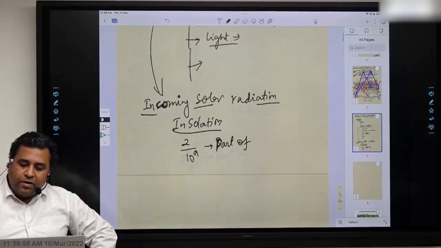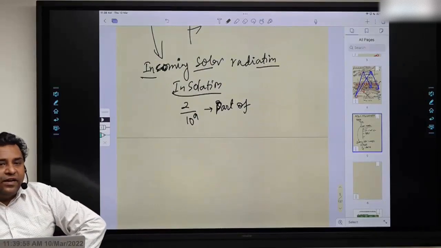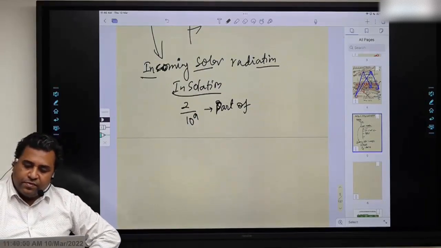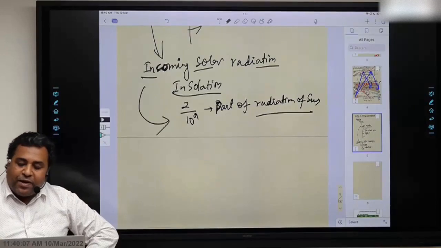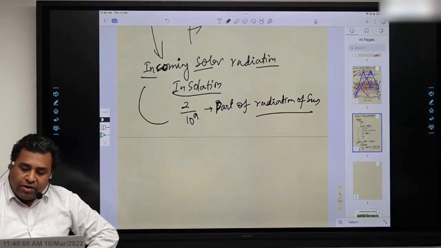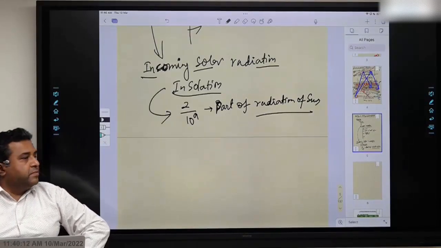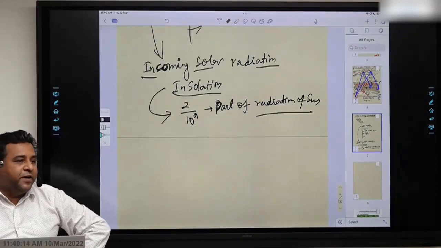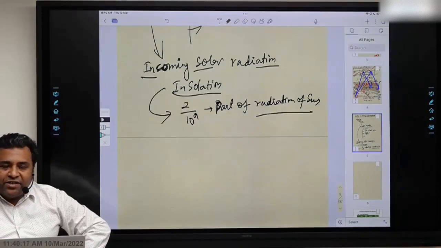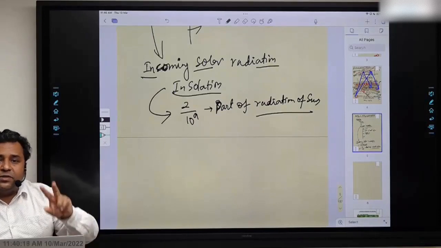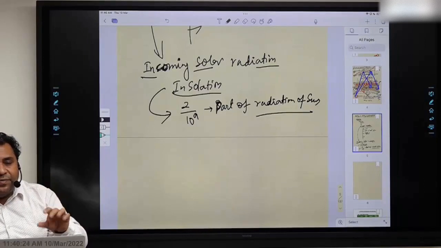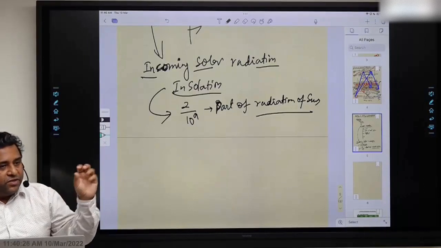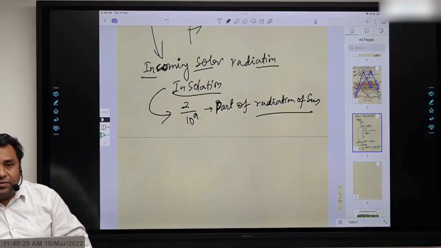So the insolation is a 2 billionth part of the total radiation of the sun. Only this much we receive. So if you divide the sun's total radiation into a billion parts, you get only 2 parts. This is what it means by 2 billionth.